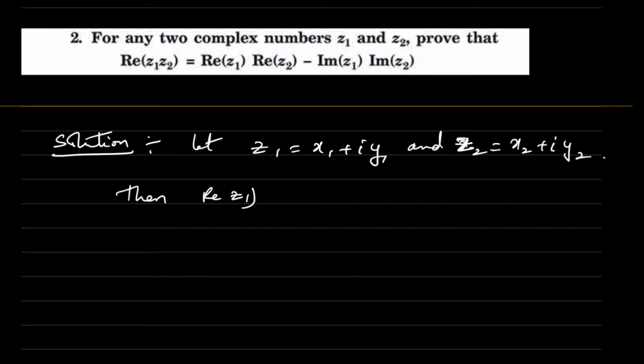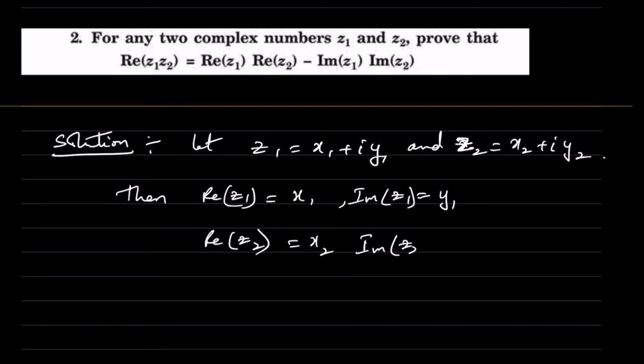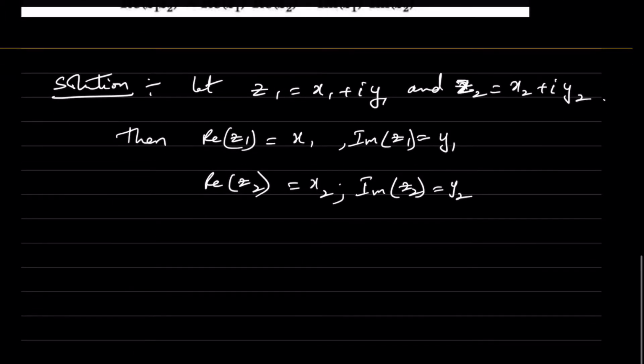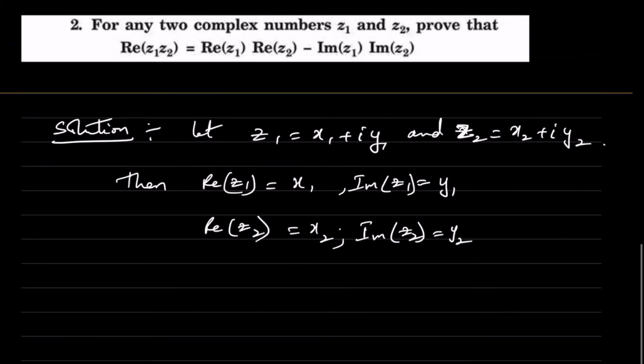Then real of z1 is equal to x1, imaginary of z1 is equal to y1, real of z2 is equal to x2, and imaginary of z2 is equal to y2. So we wrote all this. Now the question asks for real of z1 into z2.